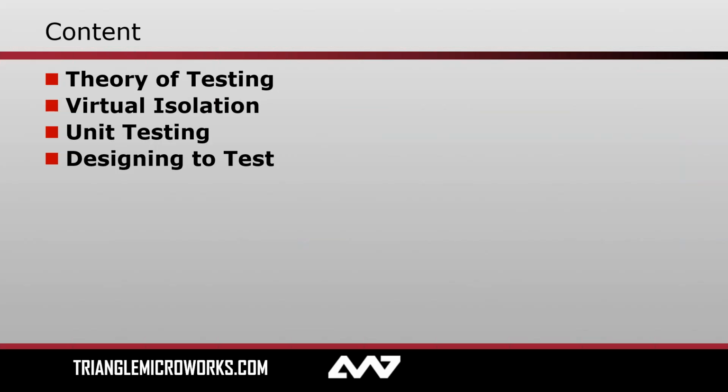We'll see a demo from Christoph where you'll get to see that visualized in action using some of the testing and simulation tools. Then we'll move into unit testing, so that'll be testing a single device under test. And finally, after another demo, we'll move into designing to test: how you can think from the very beginning about your testing goals and incorporate that into the design process, and how that pays dividends in the end.